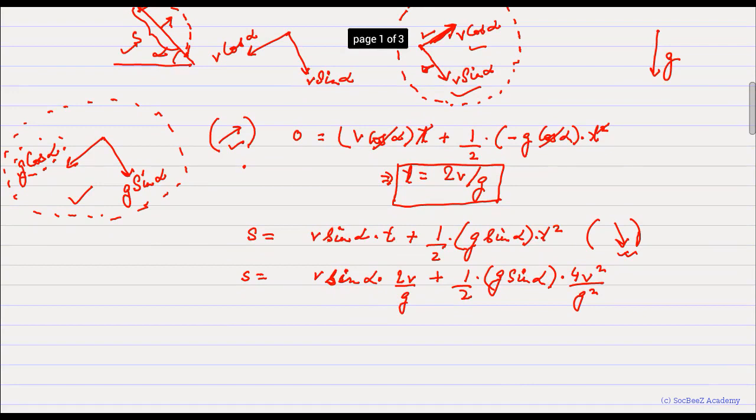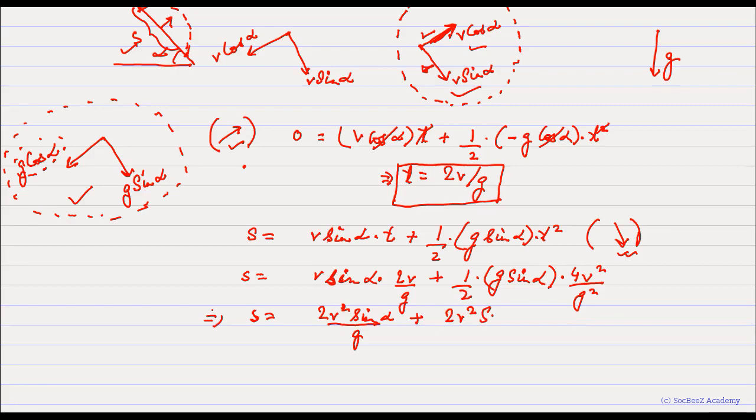Okay, which implies s can be written as 2v square sine of alpha by g plus 2v square sine of alpha by g, which can be written as 4v square sine of alpha by g.